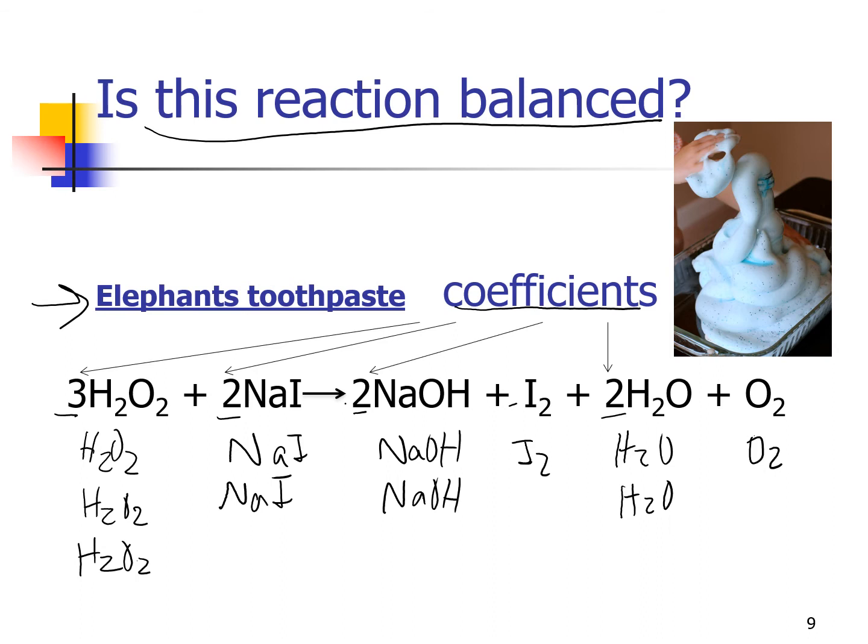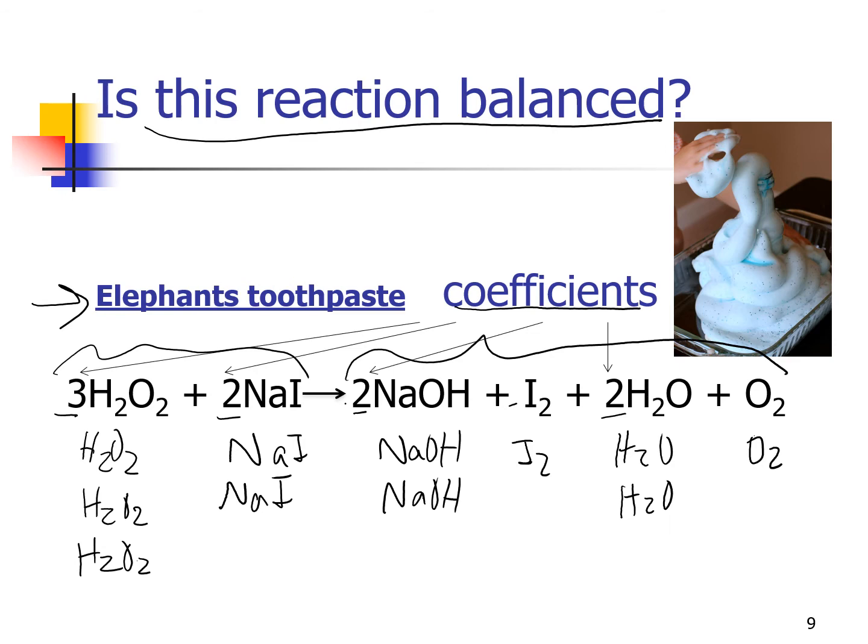Again, the law of conservation of matter says that we must have the same number of atoms of each element on the left-hand side of the arrow, where our reactants are, compared to all of the atoms of the elements on the right side, where our products are. So we're going to count up the number of atoms of each element.